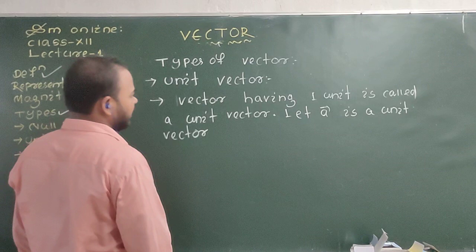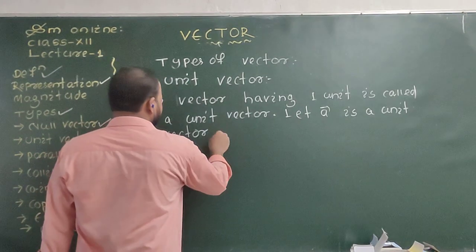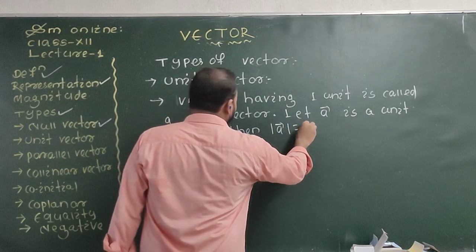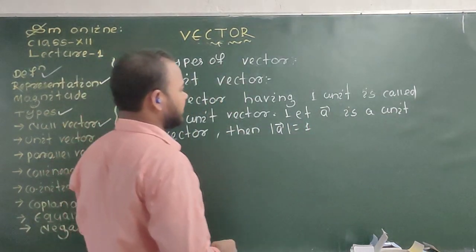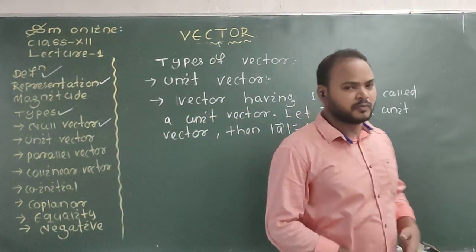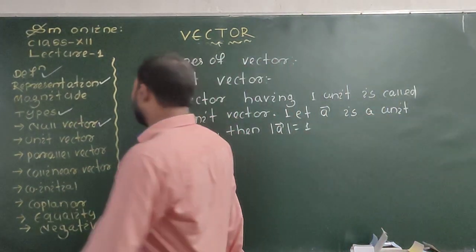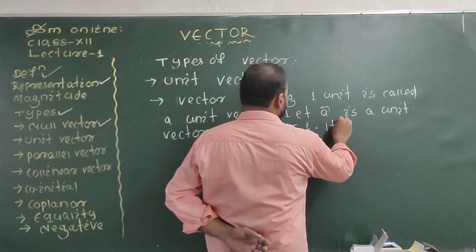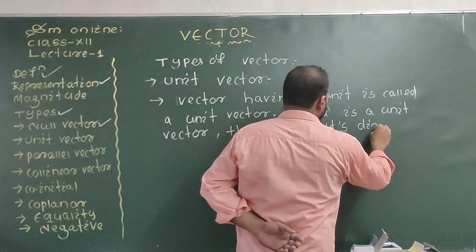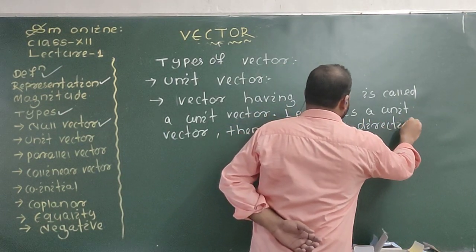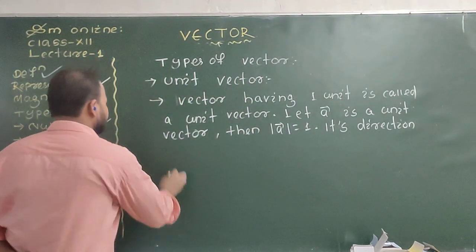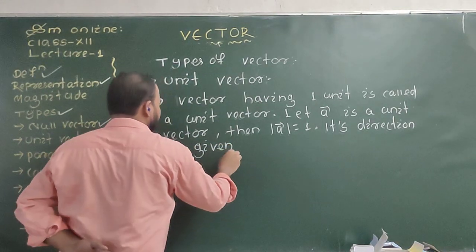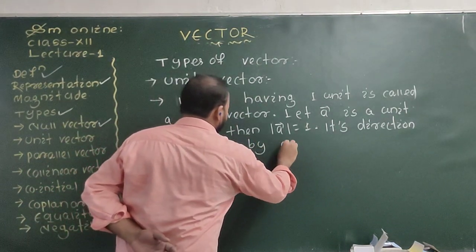Okay, let a be a unit vector, then its magnitude is 1, and a unit vector's direction is always given by a cap.